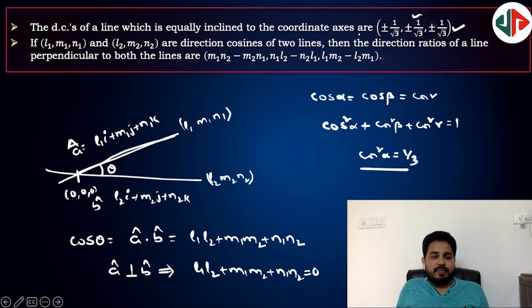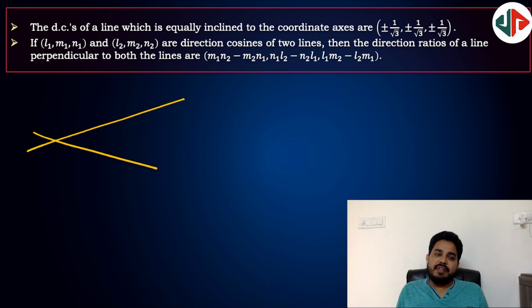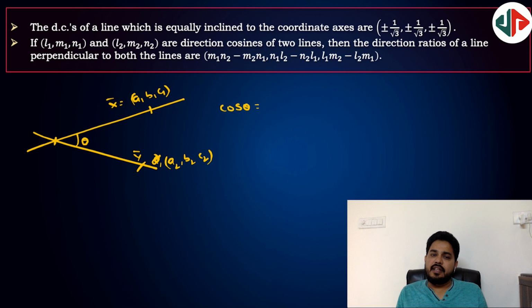Instead of that, if the angle is given in terms of DRs, this is A1, B1, C1, this is A2, B2, C2, and this angle is theta. So cos theta is equal to, let us say this is x bar and this is y bar, x bar dot y bar by mod x mod y.